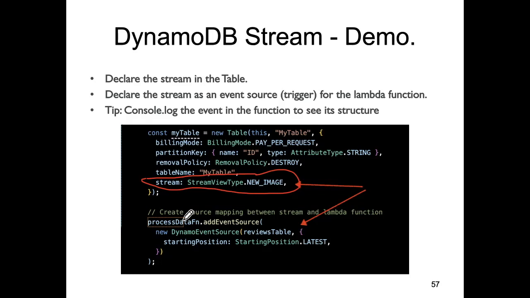It is a batch that you're receiving, so you have to have some sort of for loop in the function. It receives an event. The event will more than likely have a dot records property, and the dot records property will be an array of objects, and each object corresponds to one stream entry.